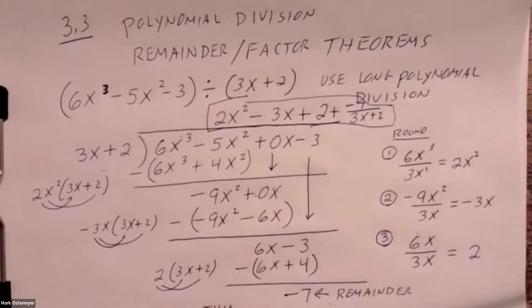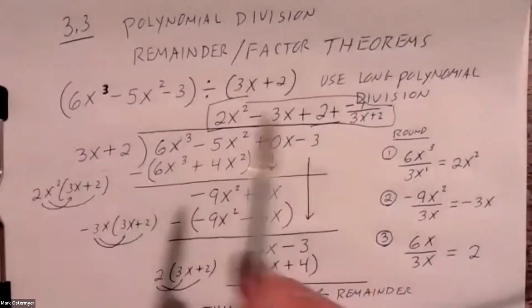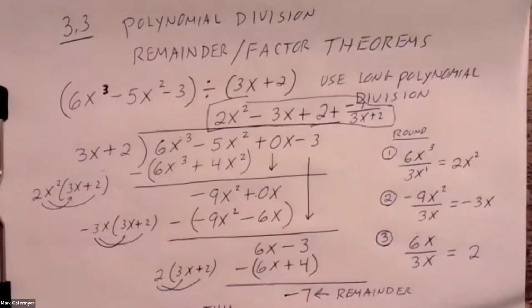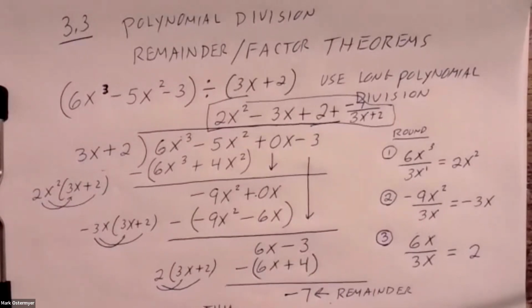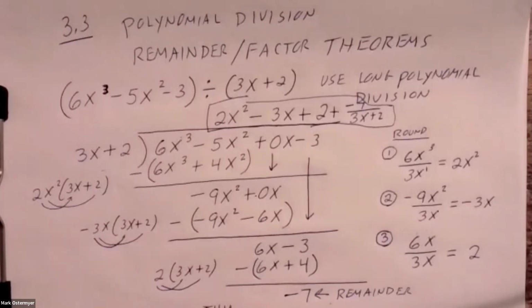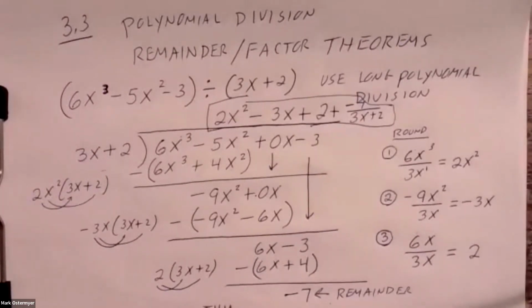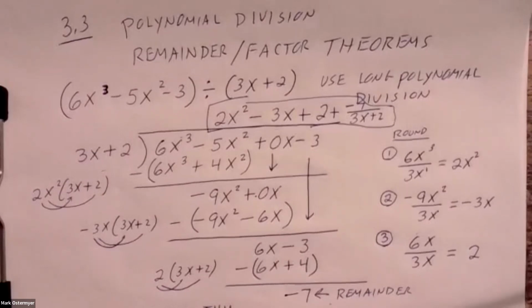In other words, my polynomial function, which is 6x cubed minus 5x squared minus 3, had better be equal to my divisor, which is 3x plus 2, times my quotient, which is 2x squared minus 3x plus 2, plus my remainder, which is negative 7.